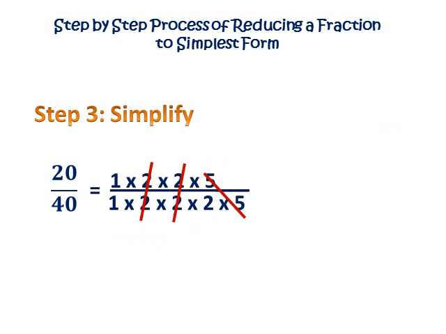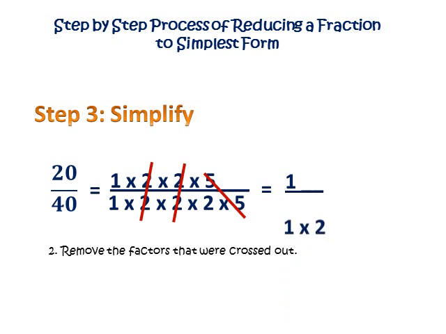The next step is to simplify. These are all the crossed factors from your fraction 20 over 40. The next step is to remove the factors that were crossed out. For 20, you crossed out 2, 2, and 5, so you're only left with 1. For 40, you're left with 1 and 2.